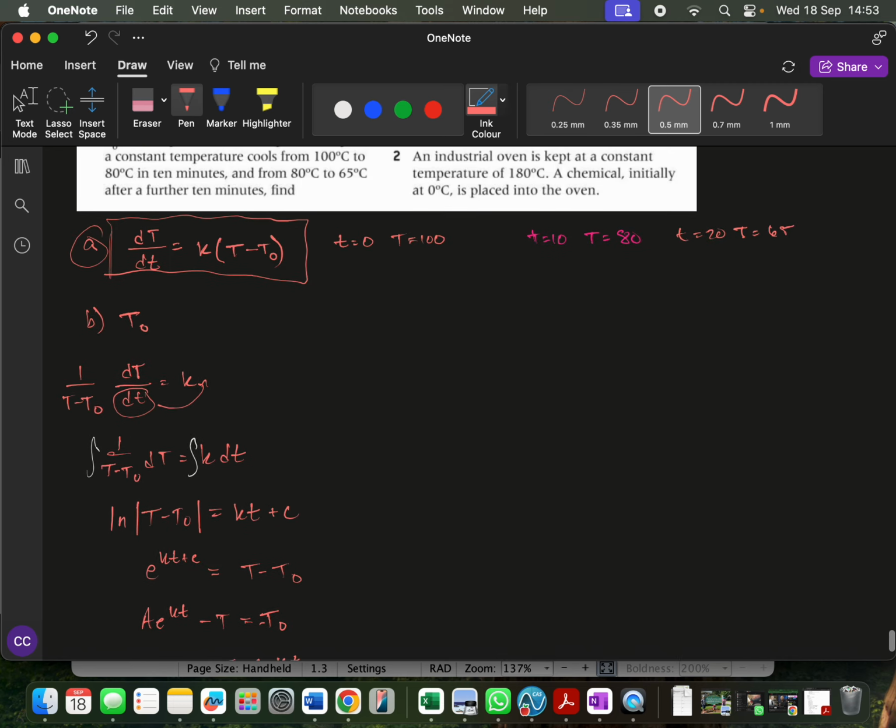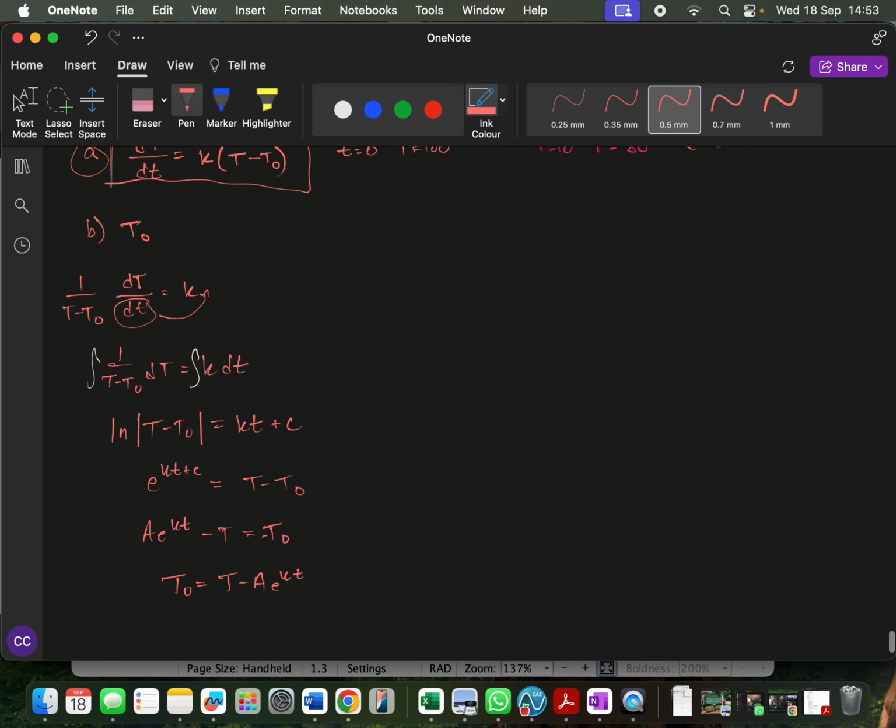Doing some substitutions into here. If I start with my first value, so t is 0, the temperature is 100. That would give me the temperature of the lab is 100 minus A, because it'd be A e to the k times 0.